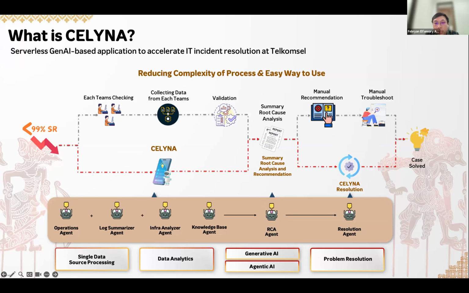Selena also summarizes the potential root cause analysis with Gen AI and several agentic AI, like a log summarizer agent, RCA agent, etc. Besides that, Selena also provides root cause resolution action recommendations from the knowledge base. And for certain applications that have implemented the new feature of Selena, the self-healing feature, the resolution action will also be performed by Selena. Next.